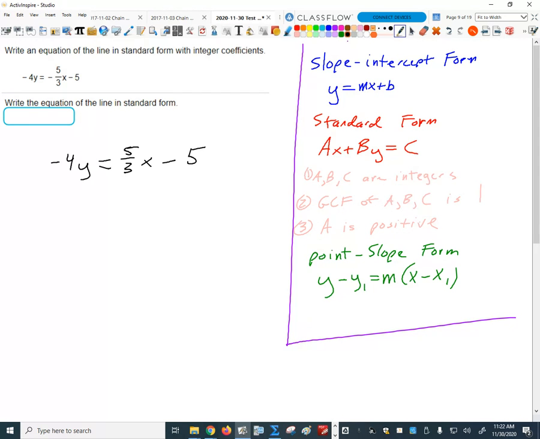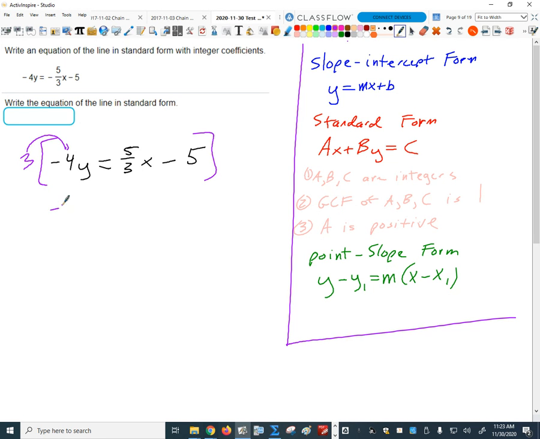A, B, and C have to be integers. We can't have any fractions. So would you need to cancel out that fraction on the x? We would. And how do we clear fractions? You multiply it by 3? Yeah, good. We're going to multiply everything by 3. We'll distribute a 3 all the way through.